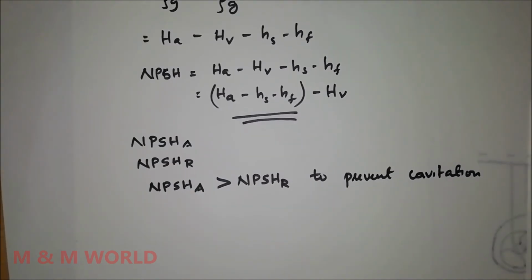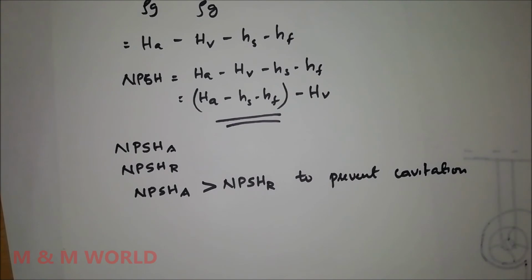And the value of NPSH required is given by the pump manufacturer, and the required NPSH value varies with the speed of the pump, the design of the pump, and the capacity of the pump. Now, how can you avoid cavitation?